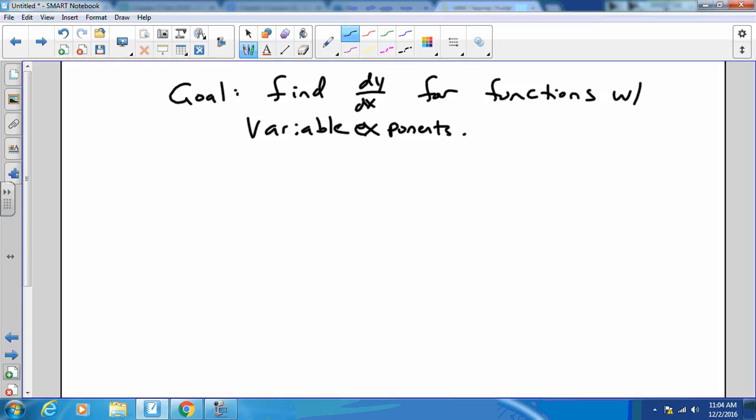This is beautiful math. Love this. I want to consider the function y equals x to the x. Very, very interesting function.